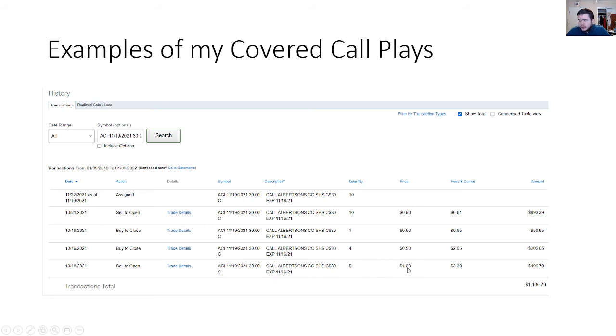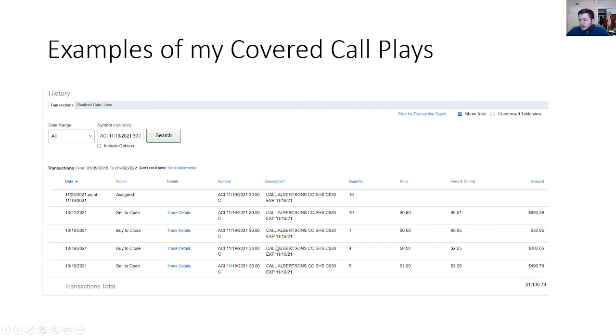The premium was $1 per share. And the fees, it looks like the fees scale based on how much you trade. So it was actually $3.30 to do this transaction. So my premium for that whole bucket was $496.